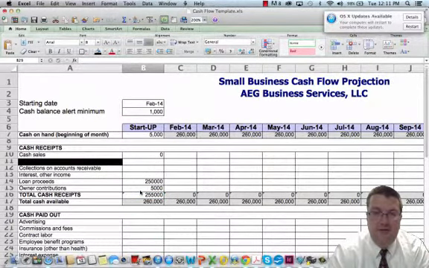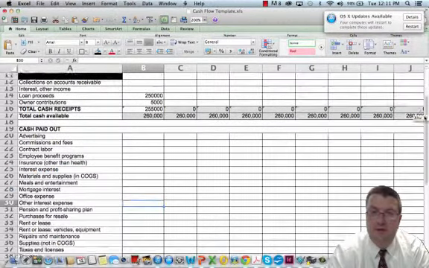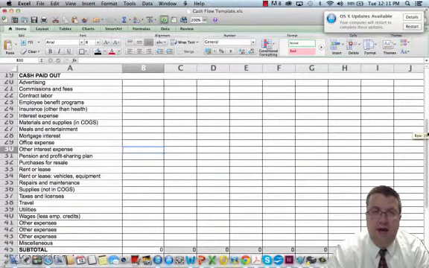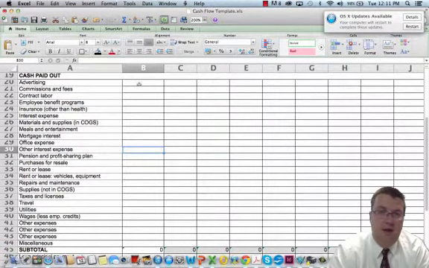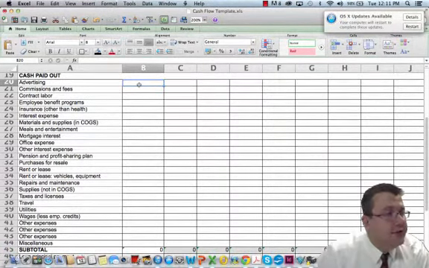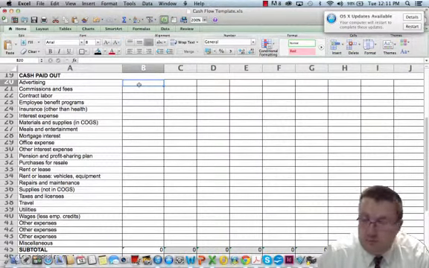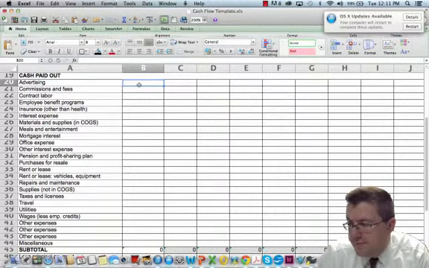Now from there, I go to cash paid out. Cash paid out is going to be specific to anything that I am doing for expenses for my business.